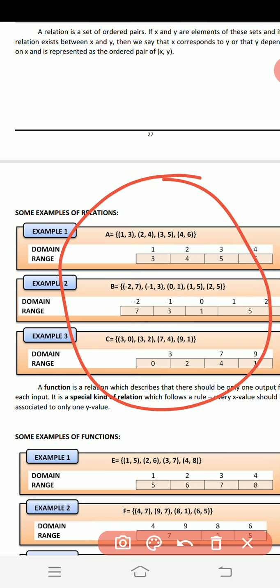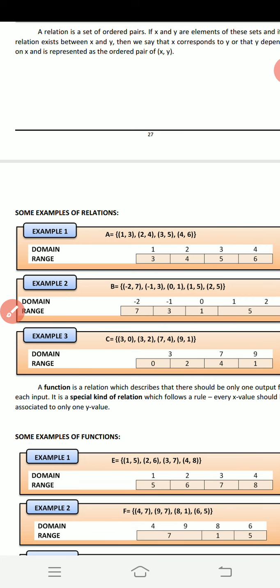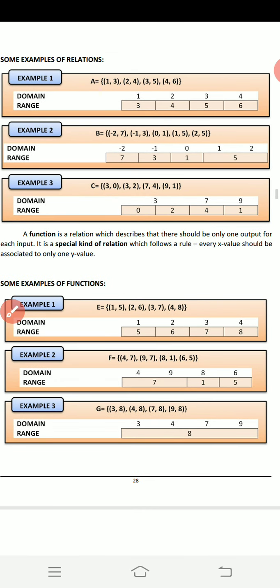So all functions are relations, but not all relations are functions. Okay? So a function is a relation which describes that there should be only one output for each input. It is a special kind of relation which follows a rule: every x value should be associated to only one y value. So let's take a look at the example.